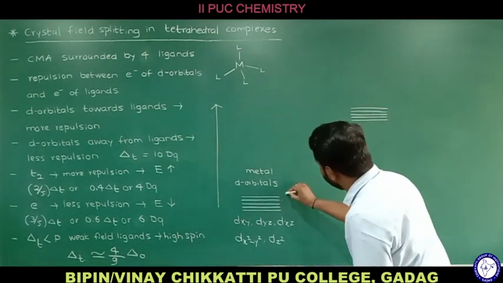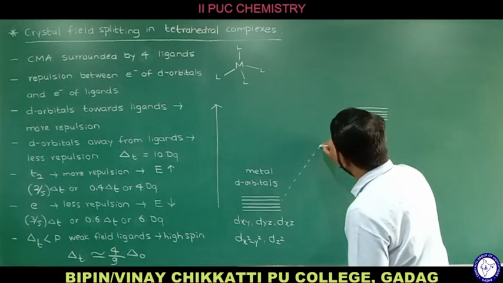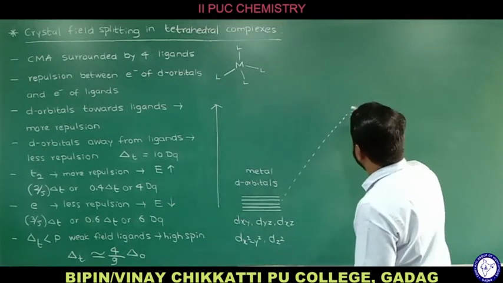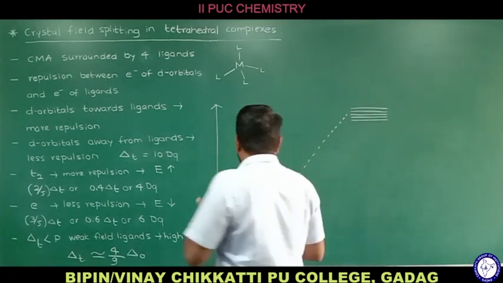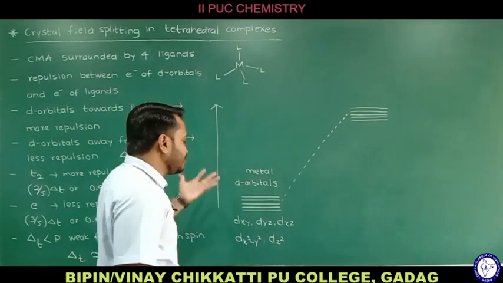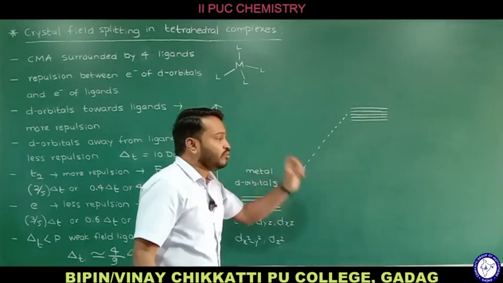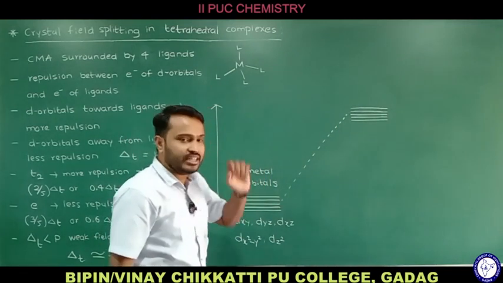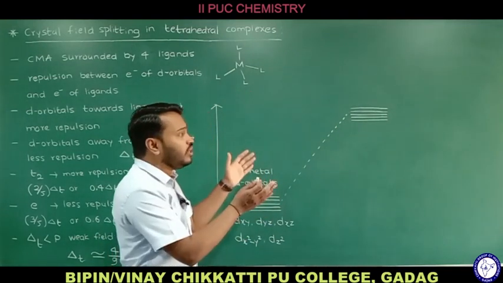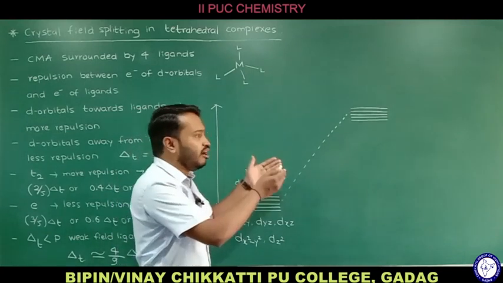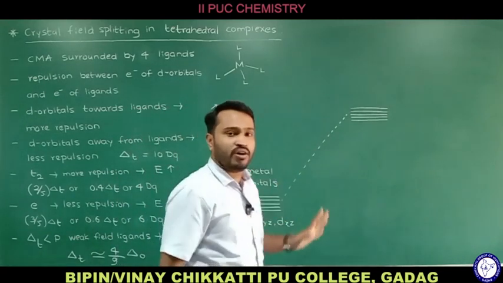I represent these dotted lines to indicate that the energy has increased, meaning the d atomic orbitals have been lifted up due to the approach of the central metal atom towards the ligand. Not only is the energy level lifted up, but splitting also occurs here.